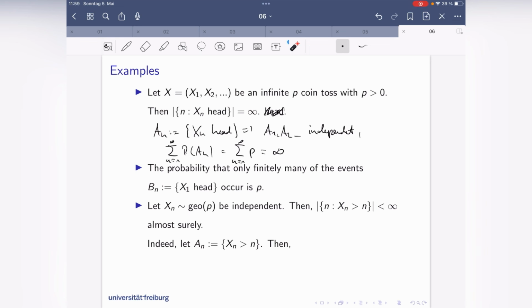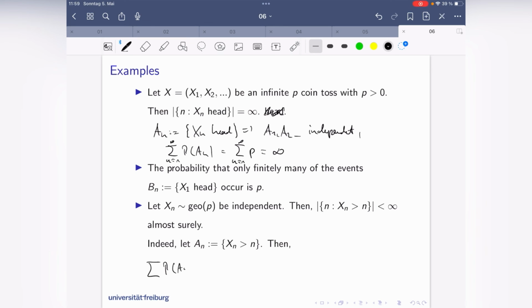And you can ask yourself, do these events occur finitely often or infinitely often? Well, we know what we have to do here to use the Borel-Cantelli lemma. So the X_n's here would be independent. That means we can use both directions.